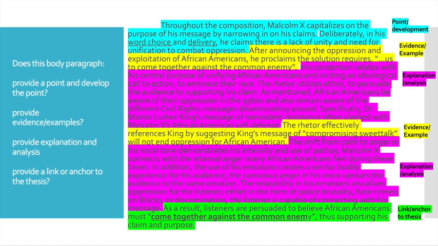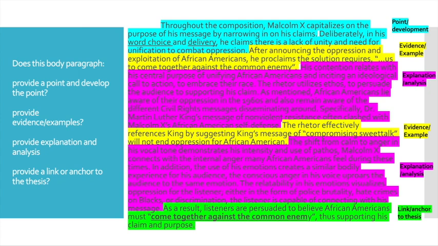That's the claim in this paragraph. Now the author needs to back it up. And they do that by providing two separate examples with an extensive analysis for each, all underneath that one main point. And then as you see in the bottom, they link it back to the thesis again, and it also transitions them to the next body paragraph.